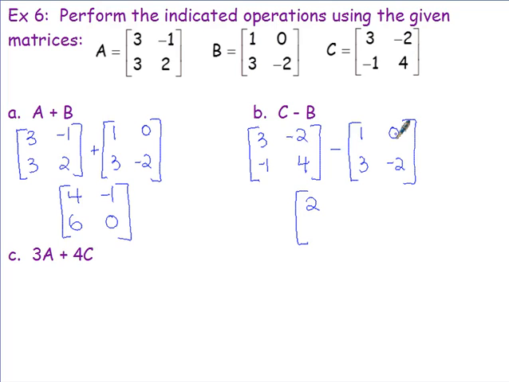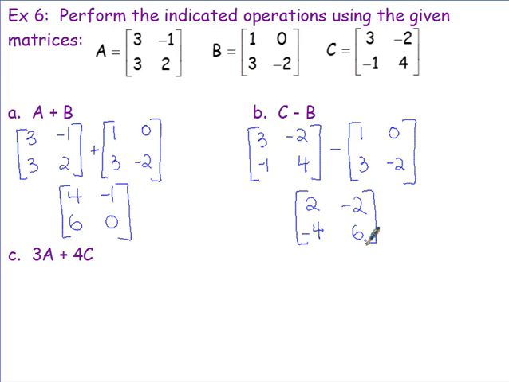Negative 2 minus 0 is negative 2. Negative 1 minus 3 is negative 4. And 4 minus negative 2, be careful there, is 6. And hopefully you got that one right.